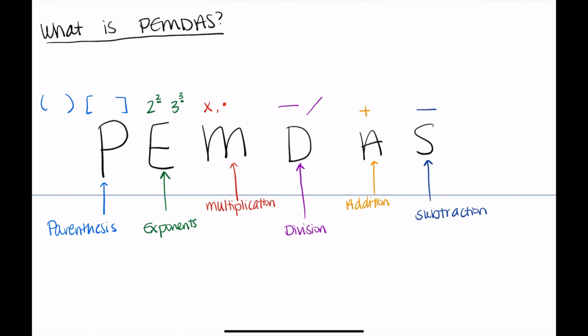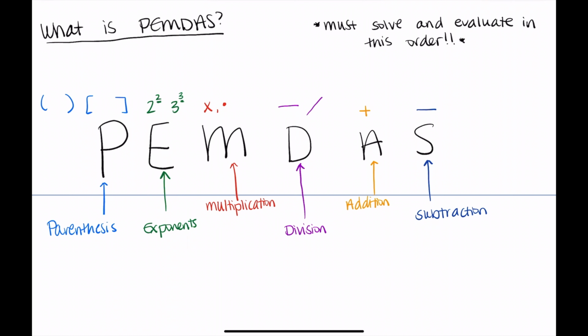So now that we've gone through and defined everything, there's a few important notes that we need to make about the order of everything. So the first important note is that we must solve and evaluate the expressions in this exact order. So parentheses, exponents, multiplication, division, addition, and subtraction.